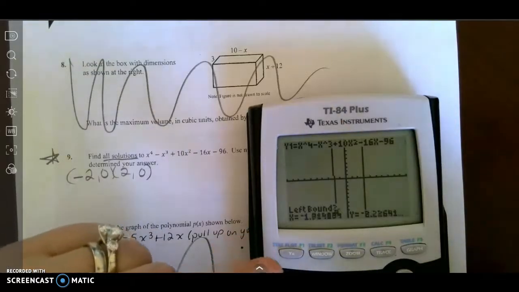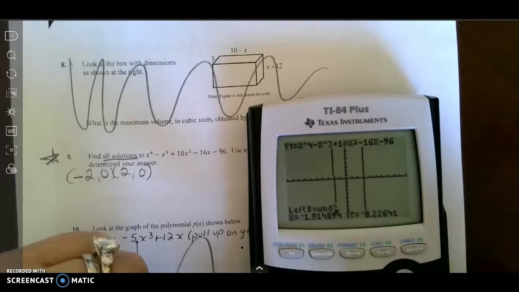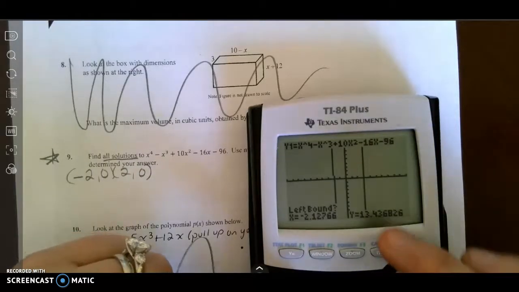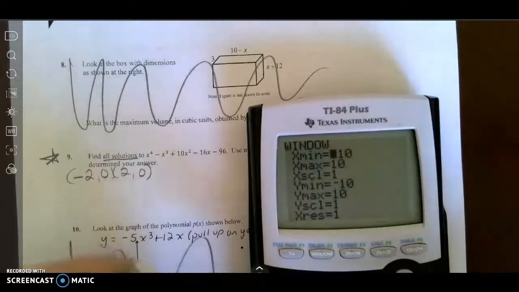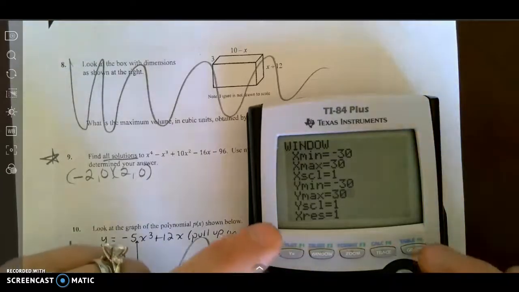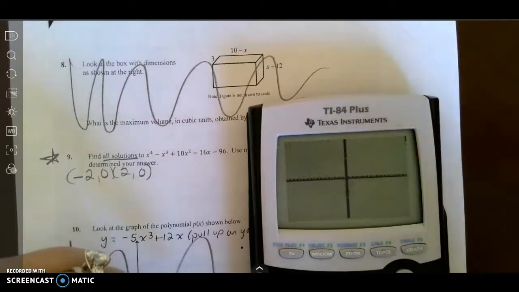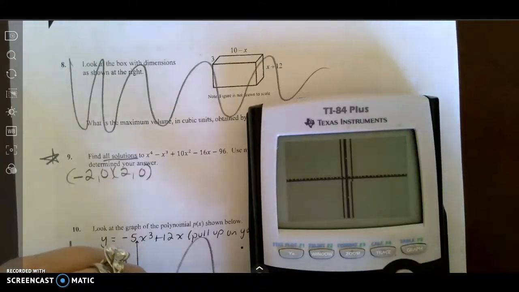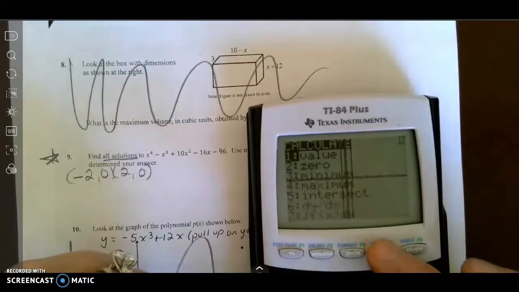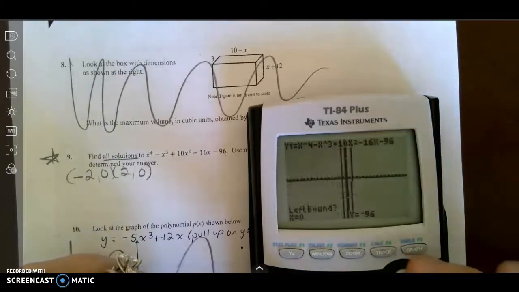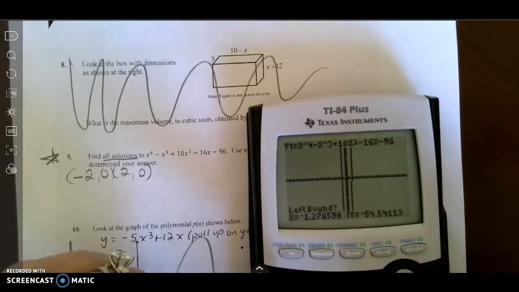So let's go back out. -30, 30, -30 to 30. Let's hit graph. Second trace. There it is right there.